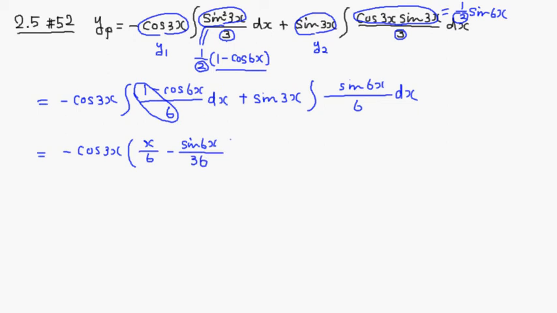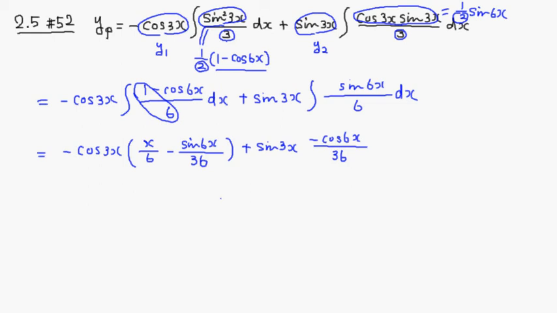The second term would be sine of 3x, and integrating that gives negative cosine of 6x all over 6, but the 6 was already there, 6 times 6, 36. So this is the result of the integrals.